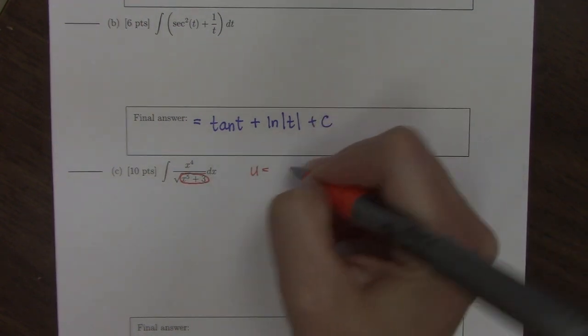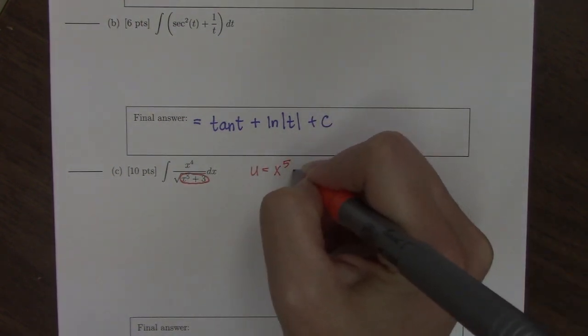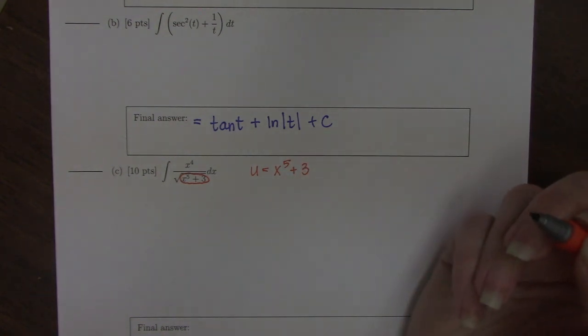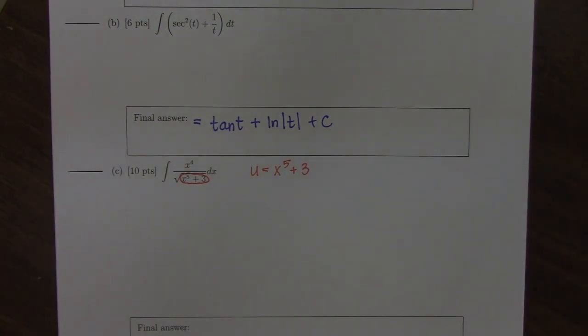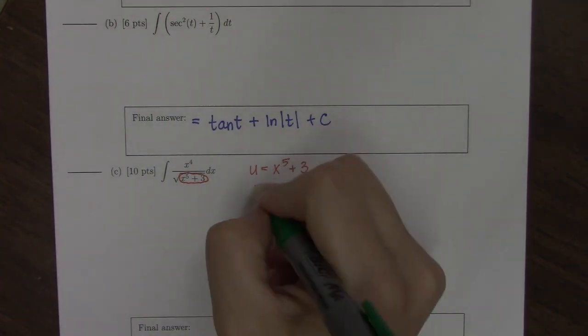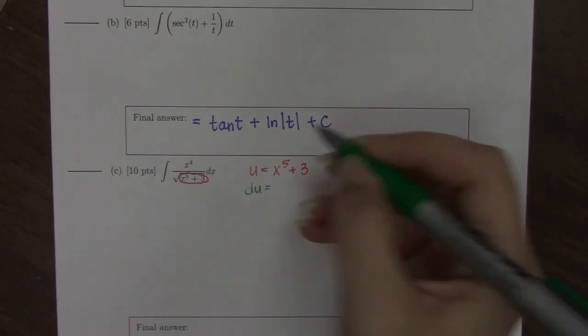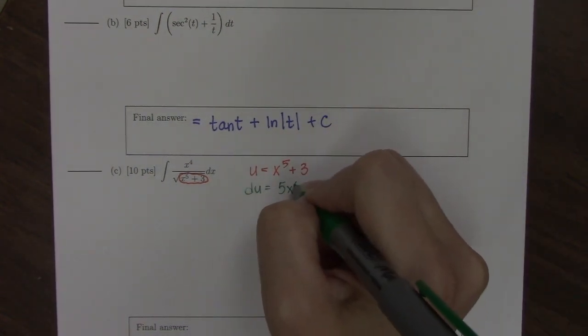So I'm going to let u be x to the 5th plus 3. Then I'm going to calculate the derivative of that. And the derivative of this is du is 5x to the 4th dx.